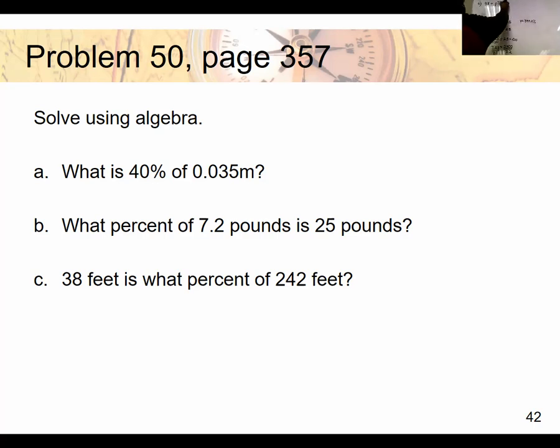And of is multiplication, 242. So in this case here, that P percent, I'm gonna make that P over 100 times 242. That's equal to 38.